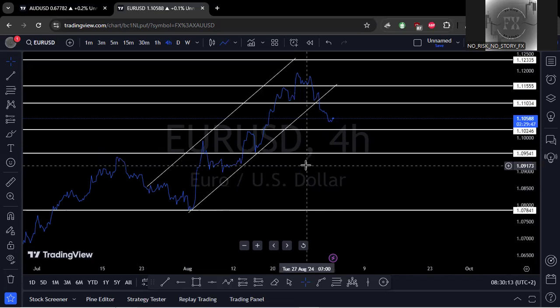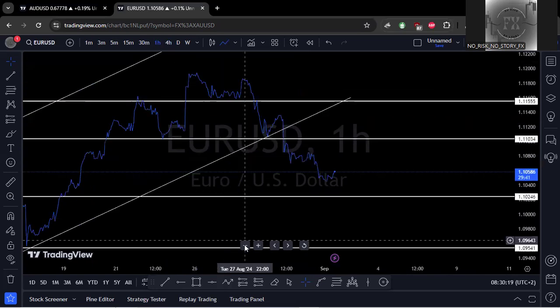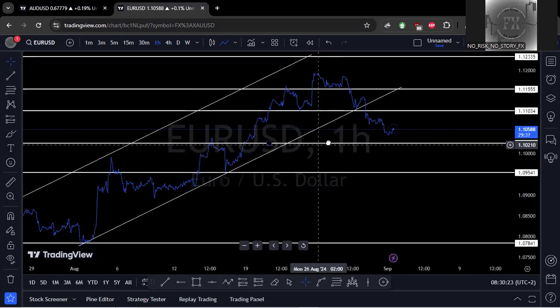Let me go to my 1 hour time frame. I wanna draw my zones nicely just to highlight the most important zones.